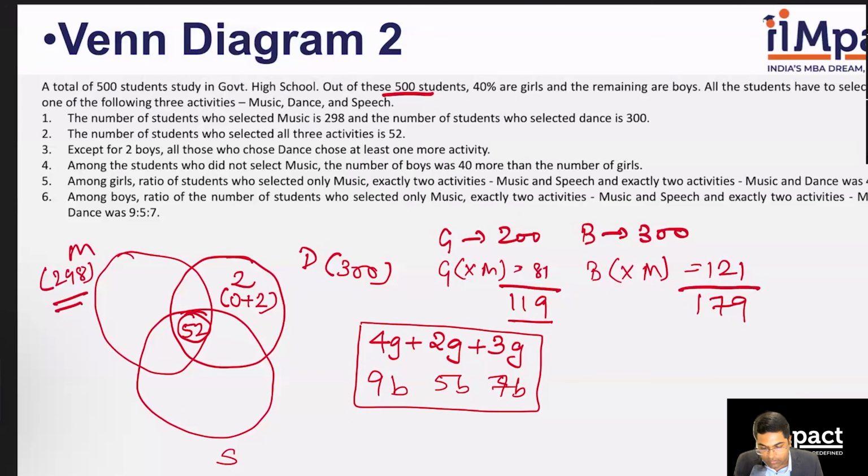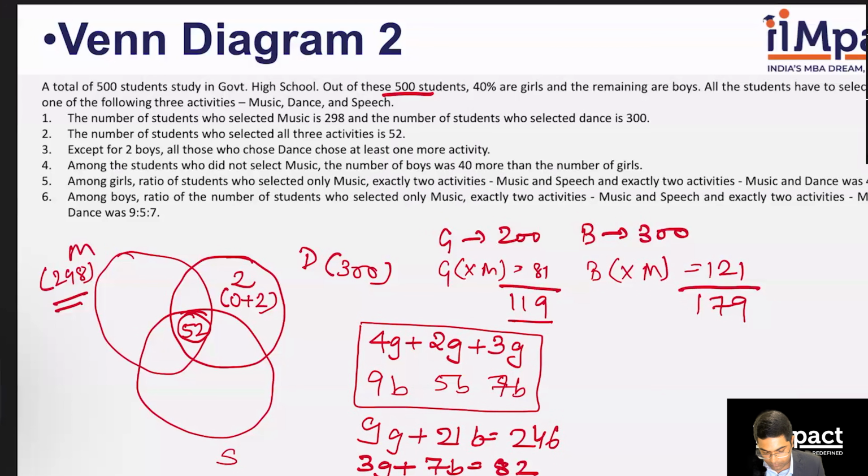So if I subtract 52, I will get the sum of all of this, which is going to be 9G plus 21B equal to 246. I can divide by 3. I will get 3G plus 7B equal to 82. Correct? Okay. What else can I do here?